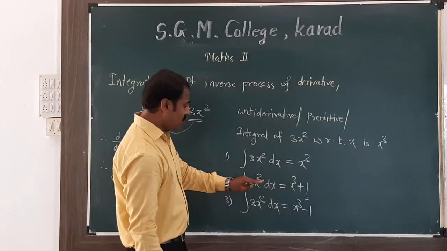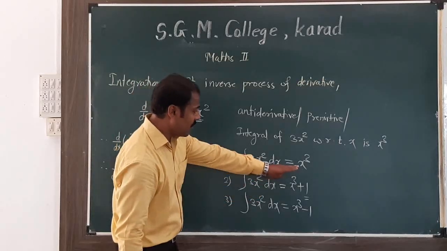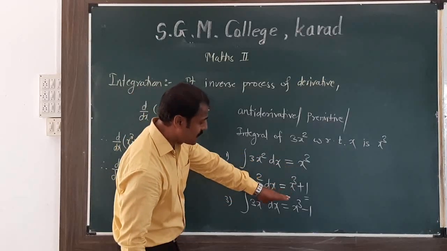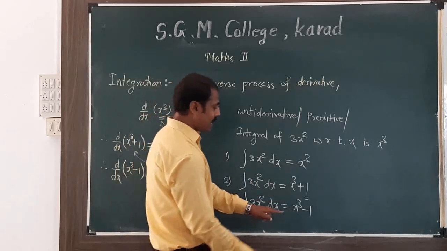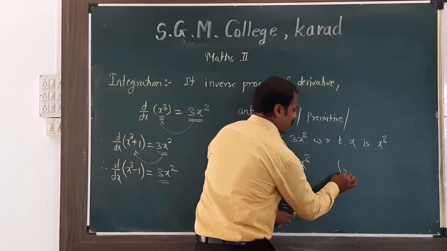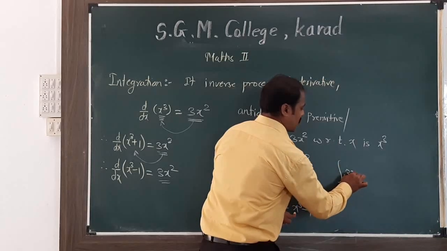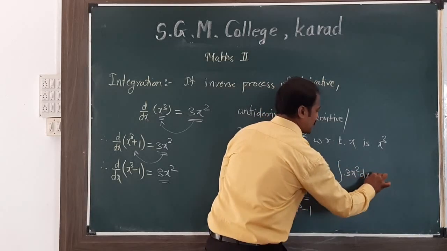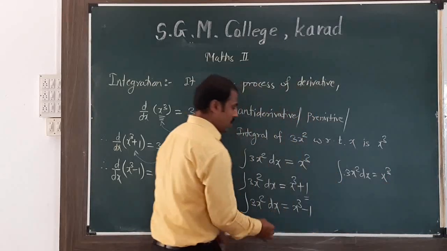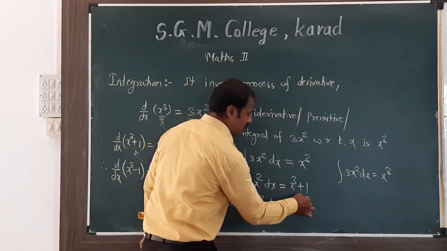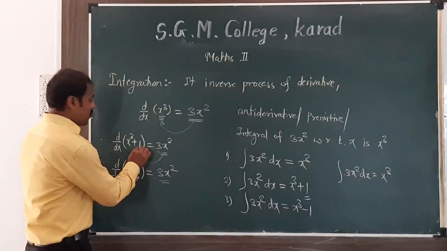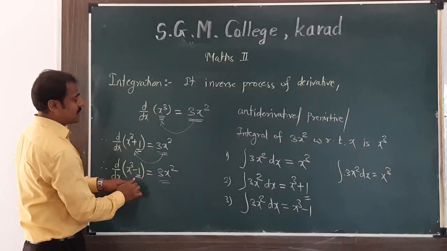Okay. In all the cases on the RHS there is a common term x cube. So I can write integration of 3x square dx is equal to x cube, but we don't know exactly which constant is there.